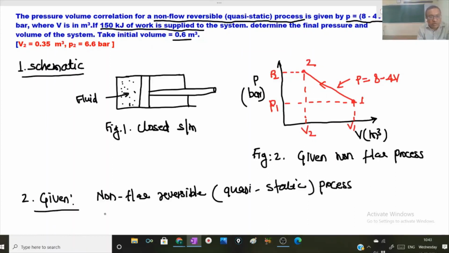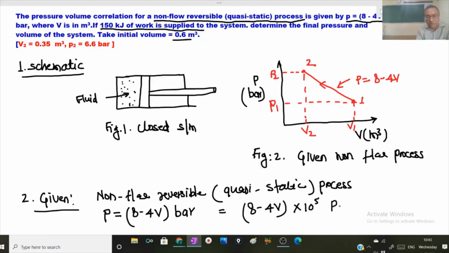This is given to you. The relationship between pressure and volume is given as 8 minus 4V bar. Now convert this into SI unit, 10 to the power 5 Pascal.